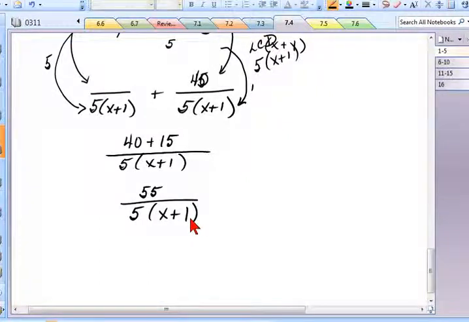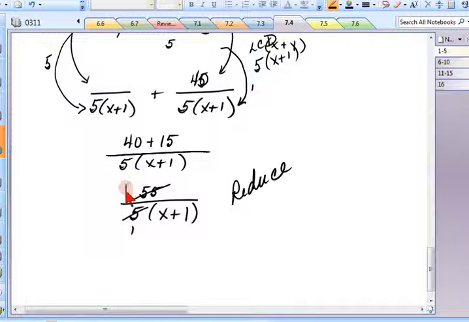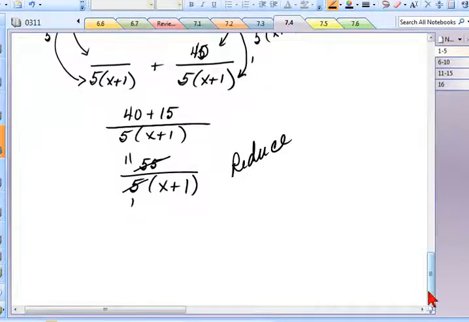What's the last question? Can you reduce? Do you see a common factor? 5. 5 goes into itself once. 5 goes into 55 11 times. My final answer is 11 over x plus 1.